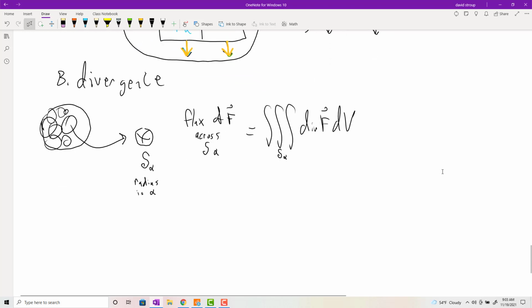If you make your sphere small enough, that divergence is going to be a constant. We've made some assumptions about the vector field, that it's continuous. So in a small enough region, we could suppose that the divergence of F is constant, and we could factor it out of the triple integral.